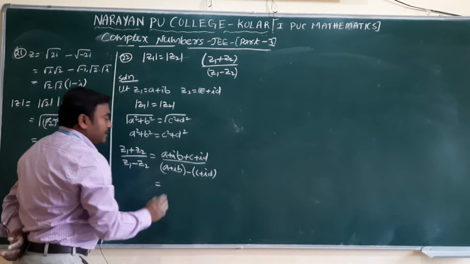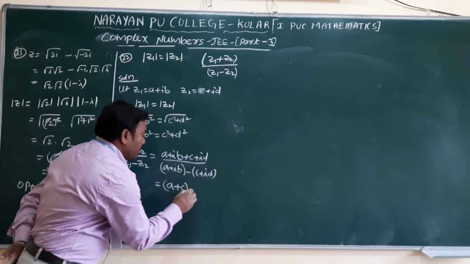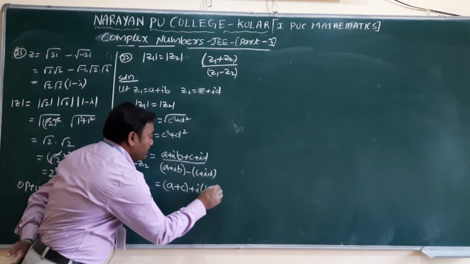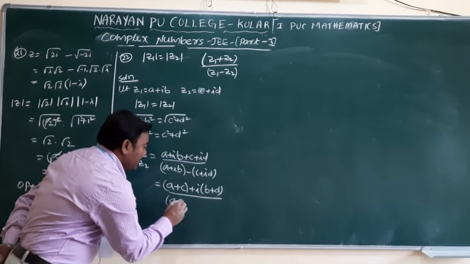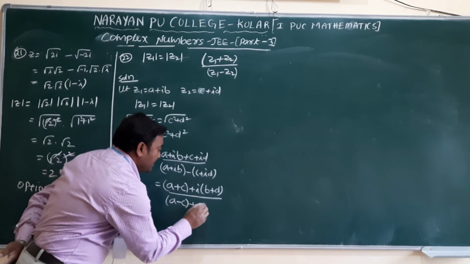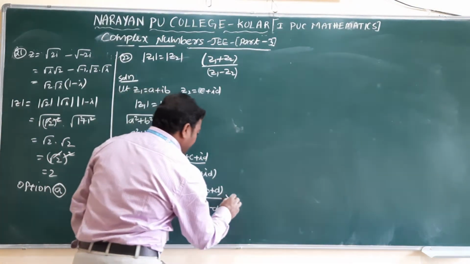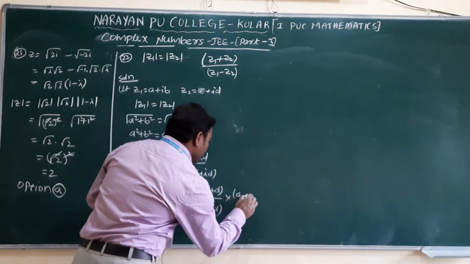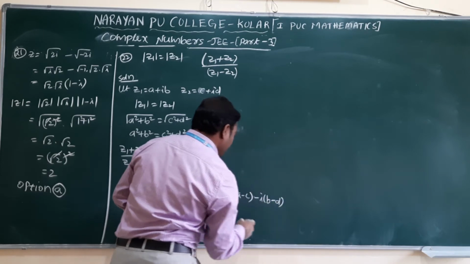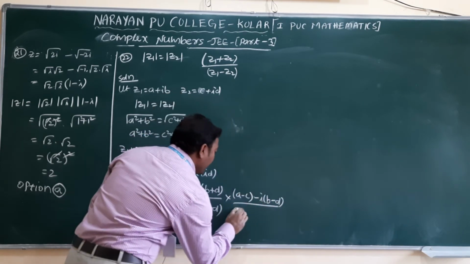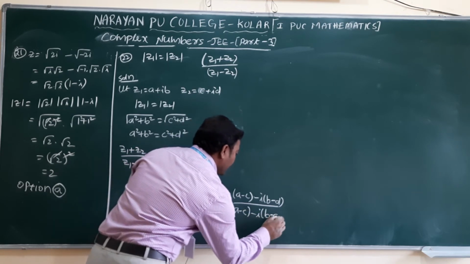I am separating real parts and imaginary parts here: a plus c plus i into b plus d, whole divided by a minus c plus i into b minus d. Rationalize here, meaning multiply by a minus c minus i into b minus d, whole divided by a minus c minus i into b minus d.